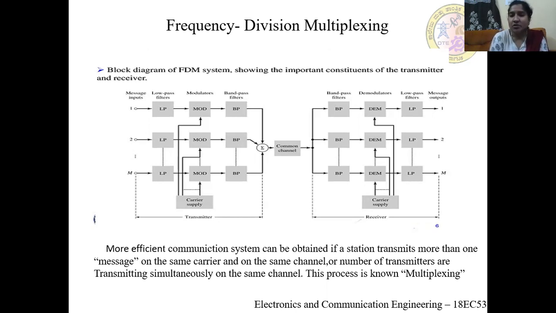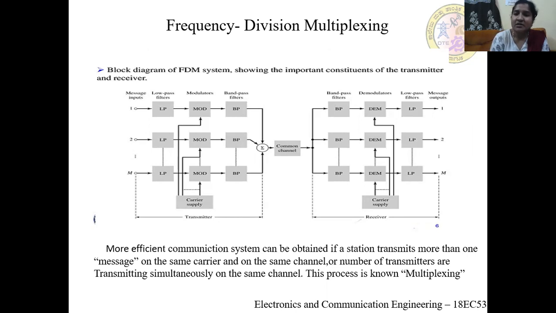So the outputs of all the bandpass filters are passed through a single channel, that is the common channel. At the receiving end, bandpass filters connected to the common channel separate the message signals on a frequency occupancy basis. It means it depends upon the frequencies.